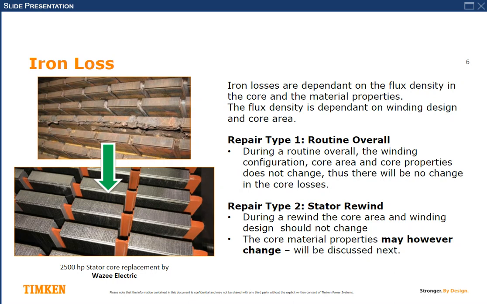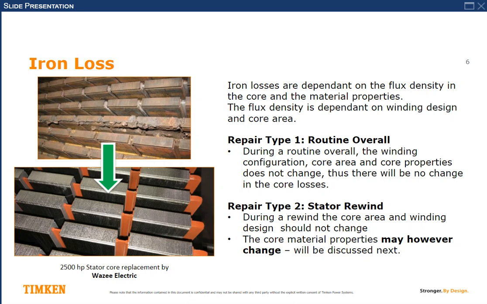Now, looking at the iron losses, they are dependent on the flux density in the core and the material properties. Flux density is dependent on the winding design and the core area. Now, if we look at our repair type 1, the routine overhaul, it's easy to see that the winding configuration, the core area, the core properties, none of these change, and thus the core losses should not change.